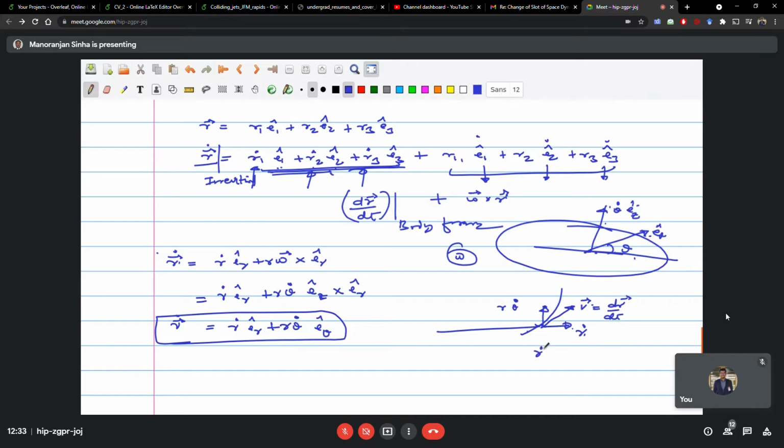Combining them, it becomes r dot times ER cap plus r times theta dot times E theta cap. So this is your velocity vector r dot. And therefore once we have this, it is easy to derive d square r by dt square. So just take the derivative of this again.